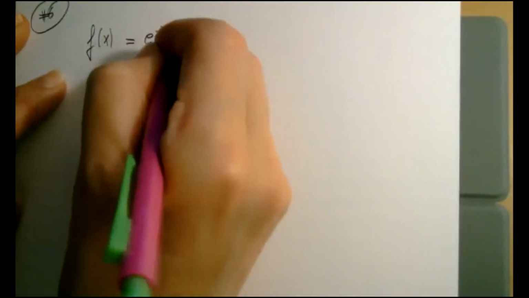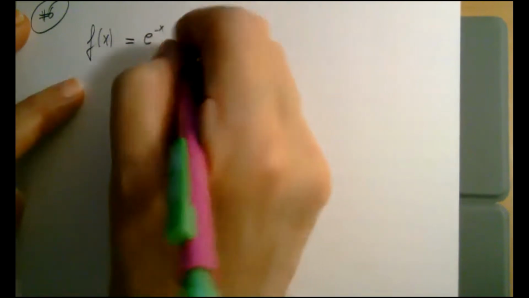So number 6. I have the following function: f of x equals e to the minus x sine x.